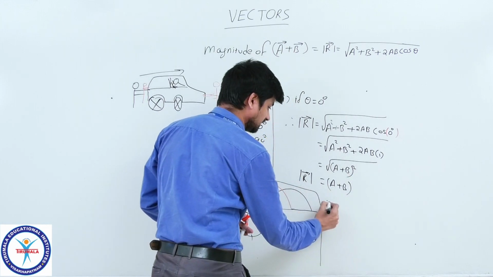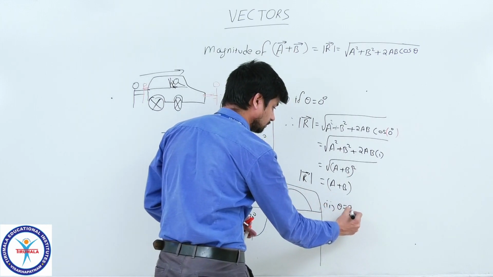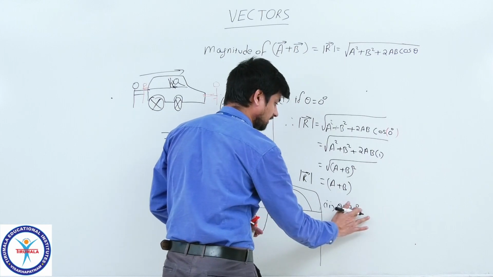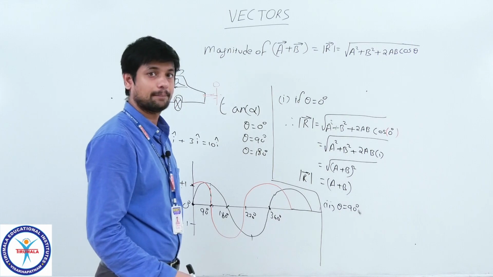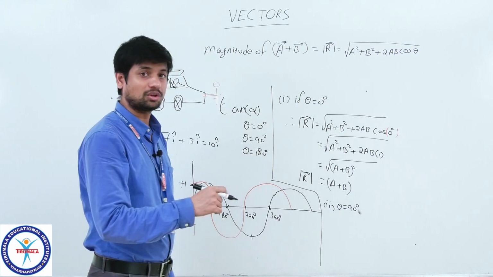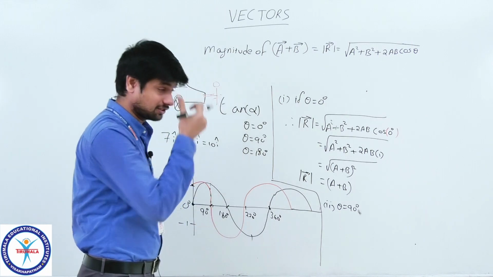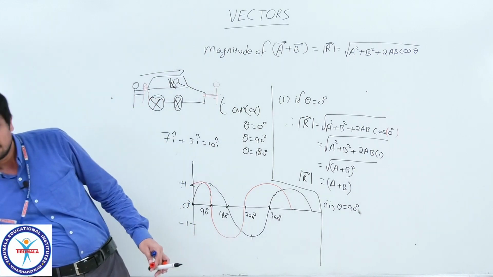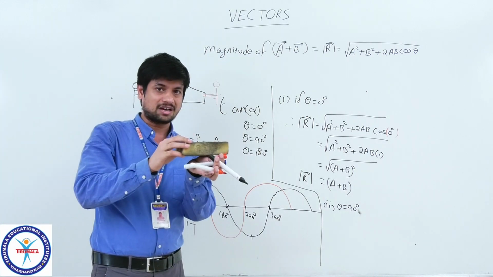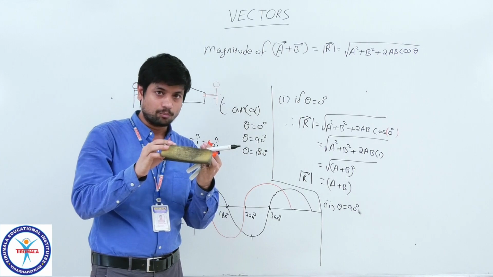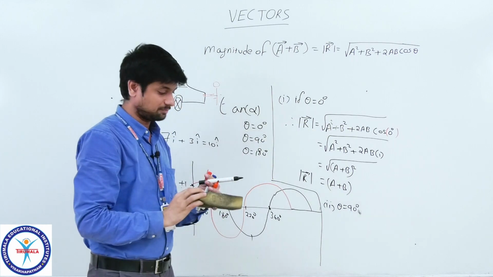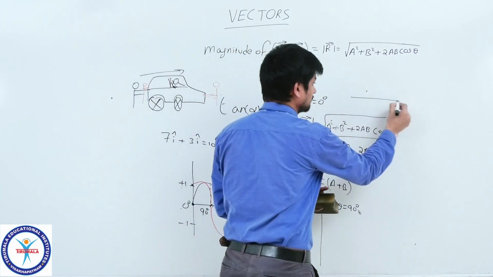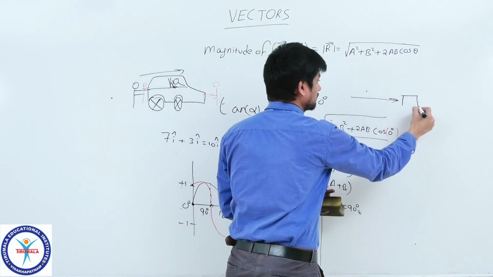Here you can see theta value is 90, children. That means two vectors are perpendicular to each other. Both are acting perpendicular. That means, as I said before, if this is one block, this block is moving horizontally in this way by my applied force. This is the block.